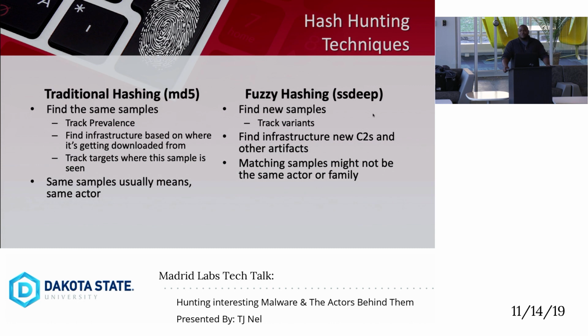You can also find new infrastructure, because when you change the C2 within the malware, that's going to change its traditional hash value, because it's changing data inside that binary. But if it has a strong match, and you're only changing a little bit, just the C2, you can find the same samples that just have a different C2 and enumerate a large list of C2 and other artifacts.